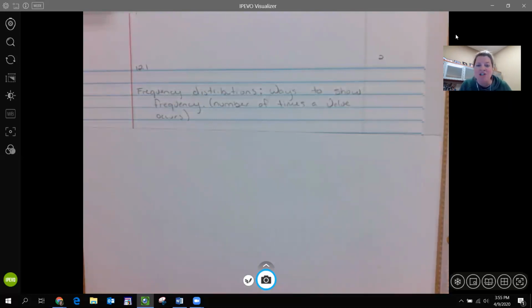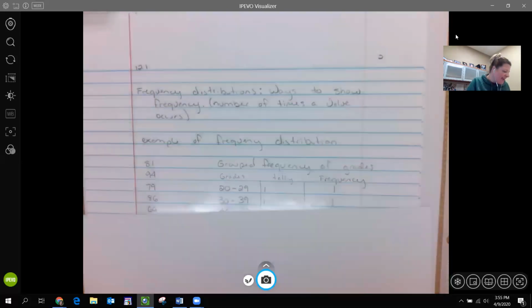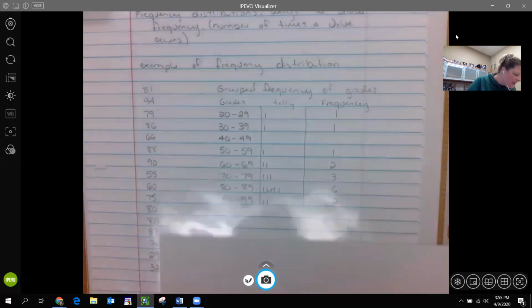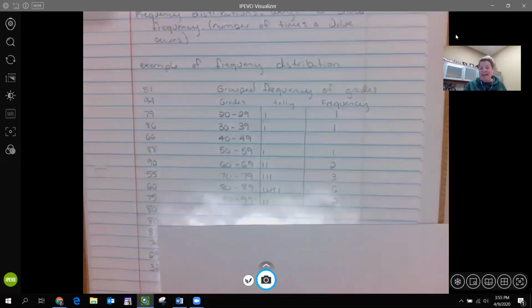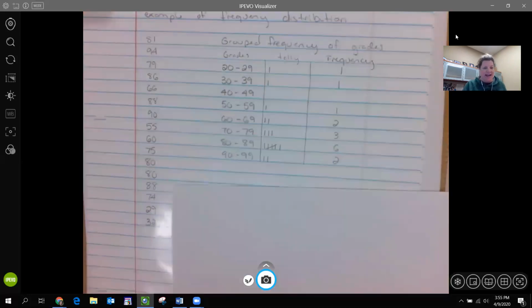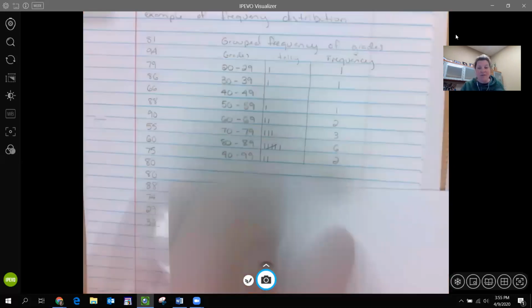It's just a way to show frequency, which is the number of times each value occurs. So for example, I could have all these grades over here. And what I could do is I could make a chart of these and tally them up and find their frequency.